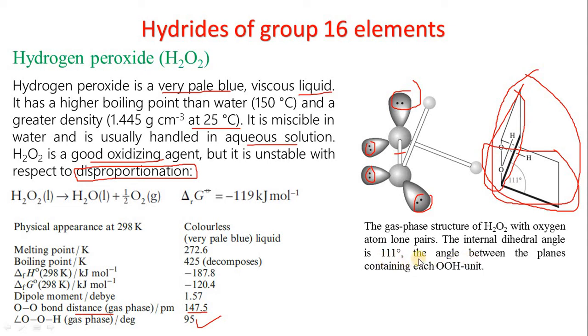What is the dihedral angle? The angle between the planes containing the OOH. One is this OOH and the other is this OOH. So the dihedral angle between the two is 111.